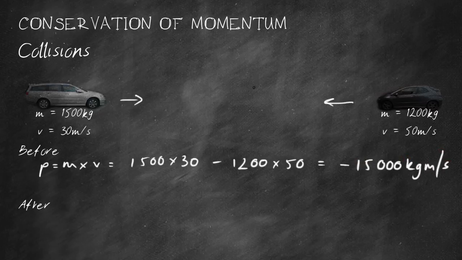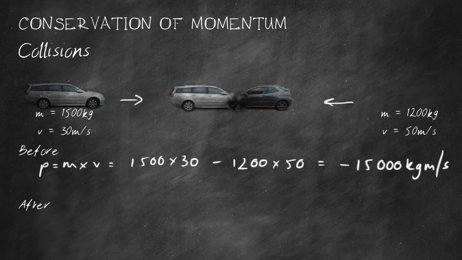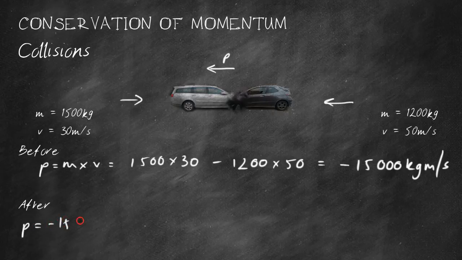So now you see that overall momentum when we have the head-on collision is 15,000 kilogram meters per second in this direction. Okay, so afterwards our momentum is minus 15,000 kilogram meters per second.